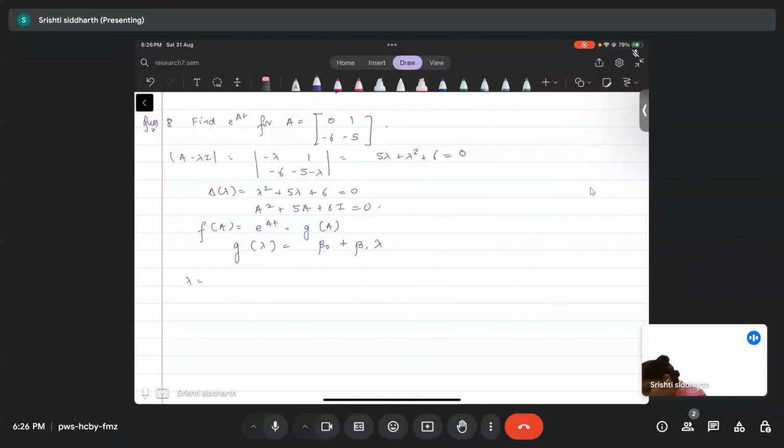Lambda squared plus 5 lambda plus 6, so you can just compute this directly for the second order one. So these are minus 5 plus or minus 1 over 2. So this is minus 2 and minus 3. We have distinct eigenvalues.